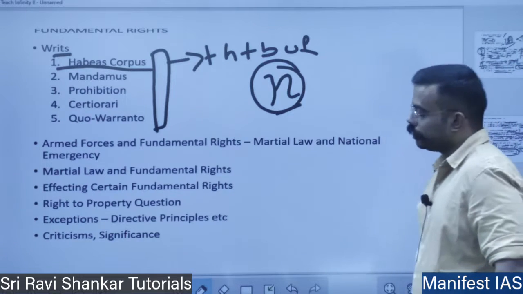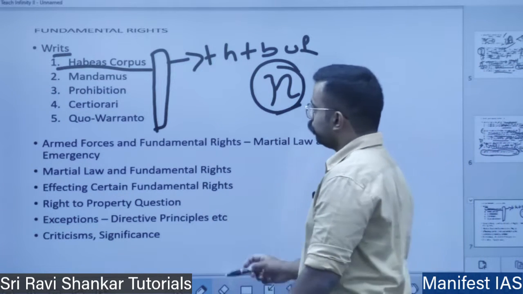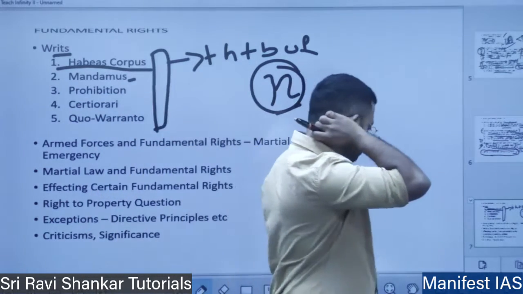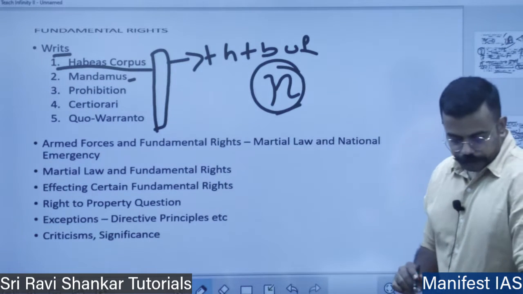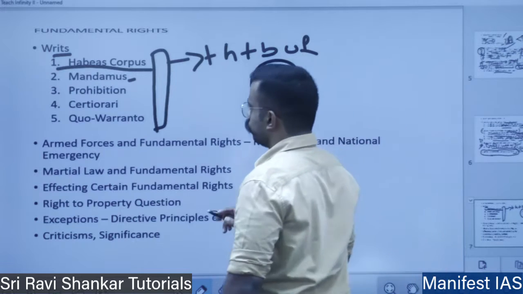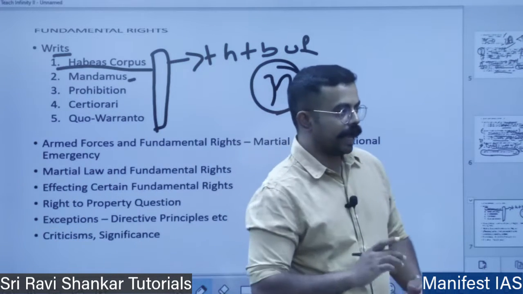Mandamus, the writ of mandamus. What does it say? However, one caveat, it cannot be issued against private individuals but only against government authorities. Mandamus says, we command. The Supreme Court commands the government to do certain activities.